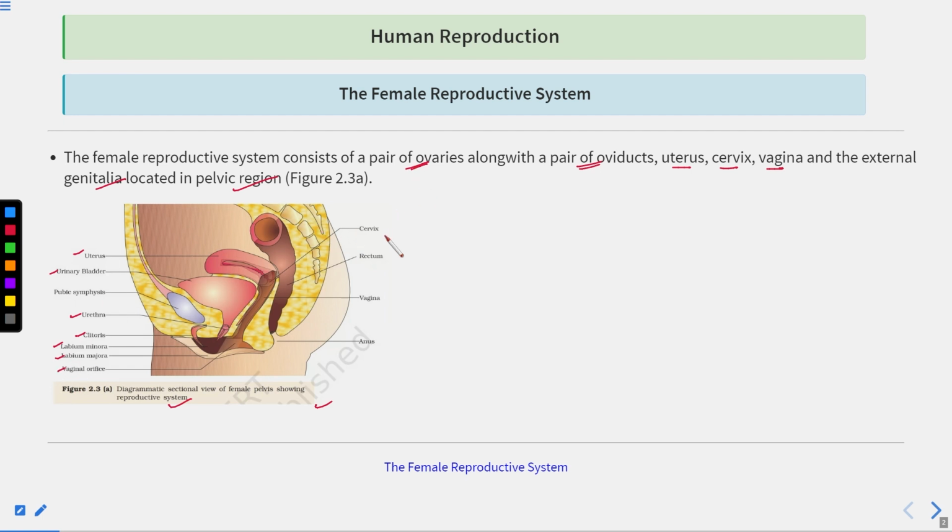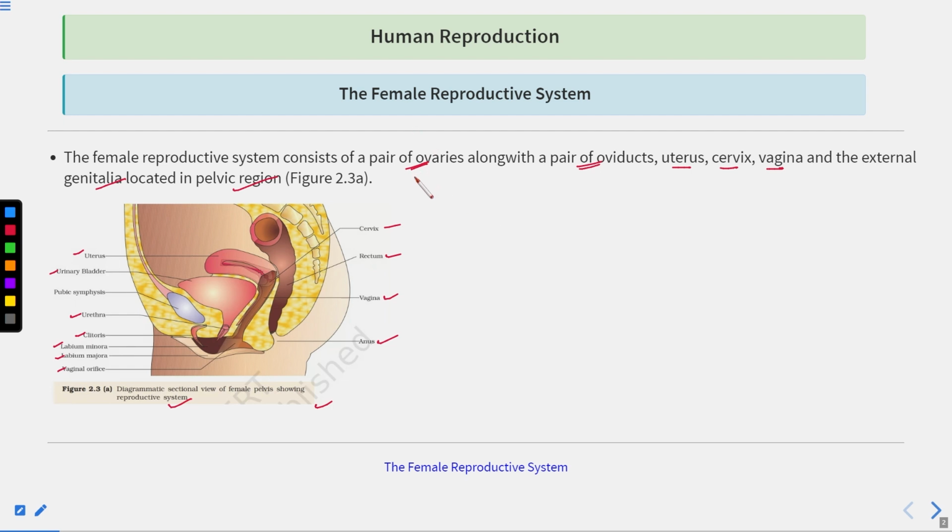Here is the cervix, and then the rectum, where the feces is stored for some time. Then this is the vagina, which is also known as the birth canal, and this is the anus, through which the undigested waste materials are eliminated out of the body. So these are the parts of the female reproductive system.